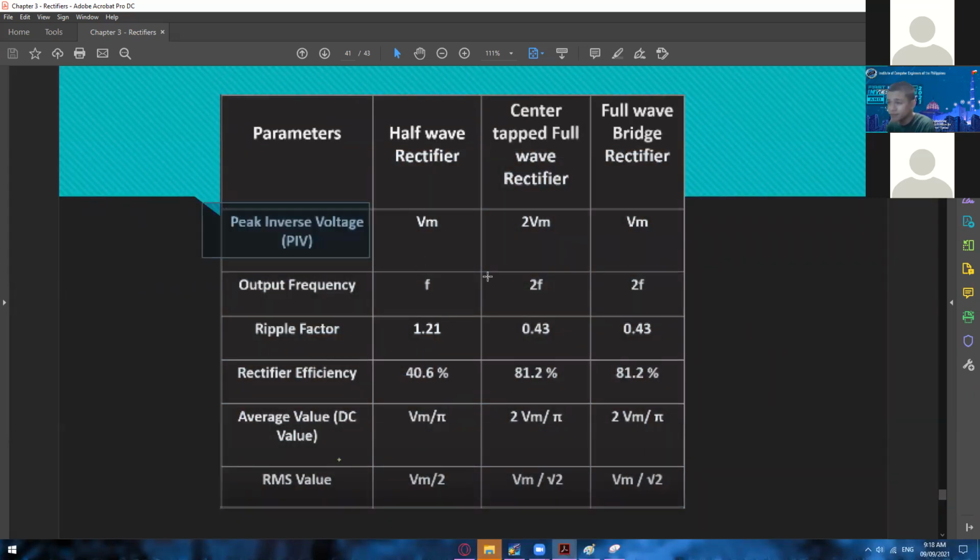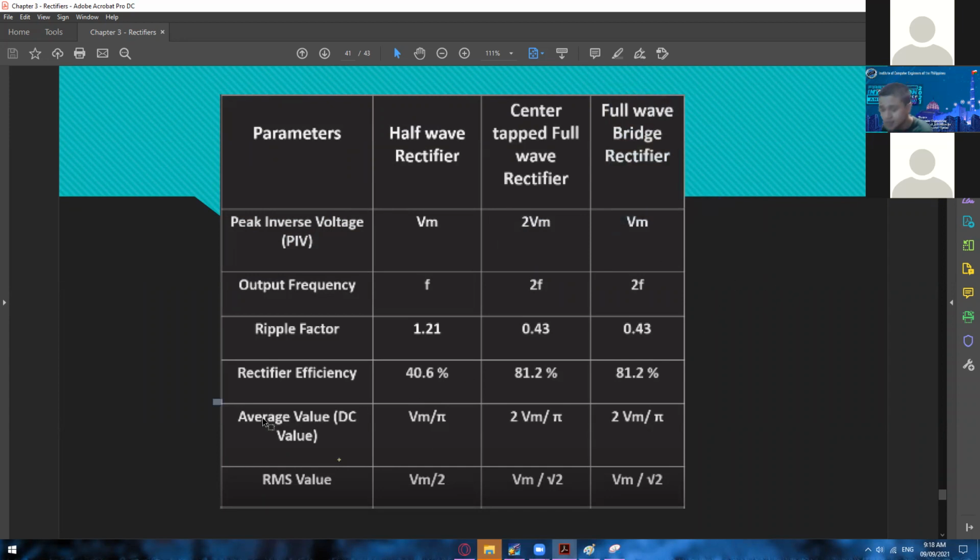Here are the formulas that you might want to check. For the peak inverse voltage, for the half wave rectifier, it's just the VM. For the center tap full wave rectifier, it's twice the VM. So it has a double capacity, or it can manage twice your VM for the peak inverse voltage. More than that, it's like avalanche voltage already. And for the bridge full wave, it's still VM.